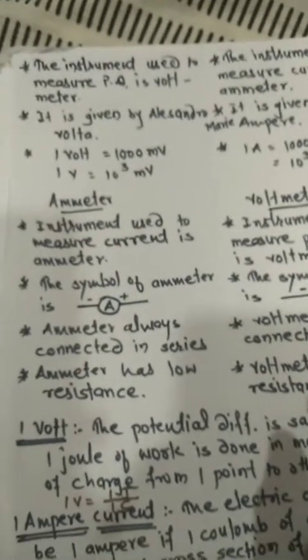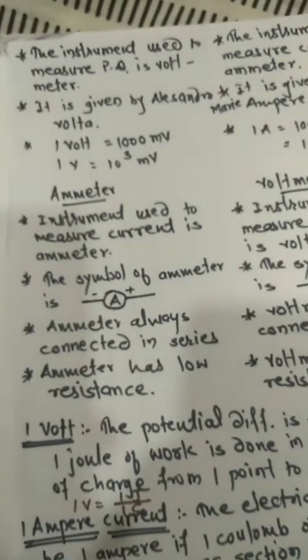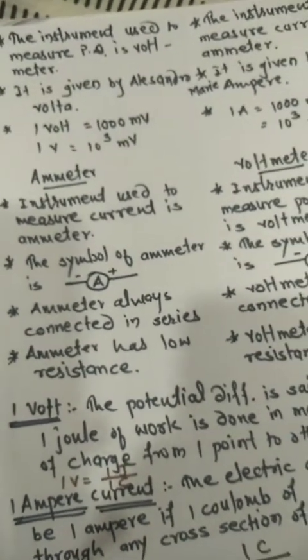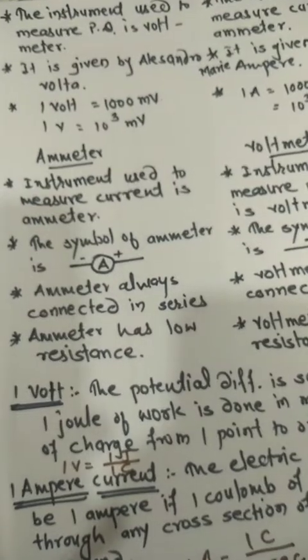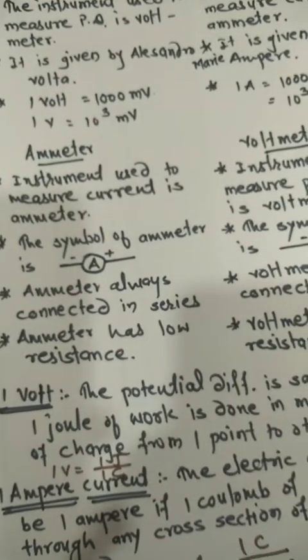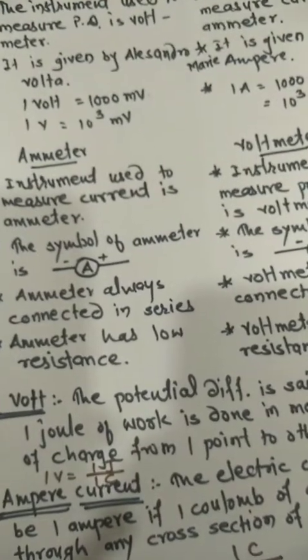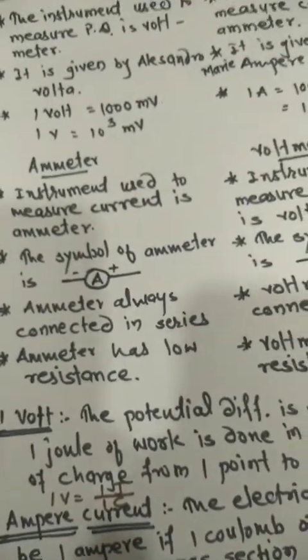So I hope you understand all these things. Now today we are going to discuss how to solve the numericals based on potential difference and electric current. For that purpose we will take one example.